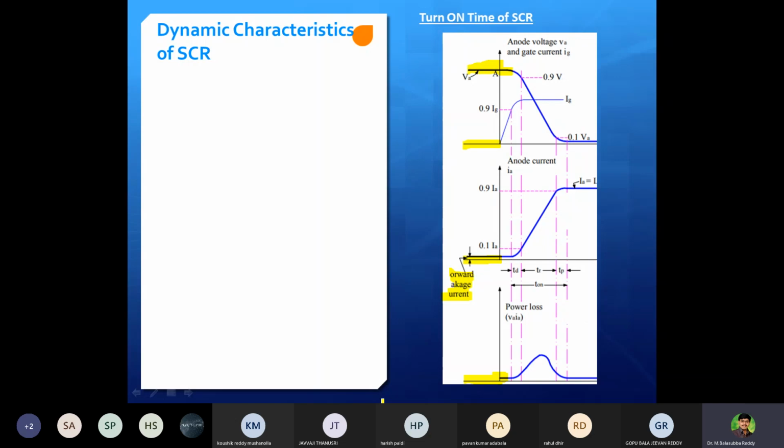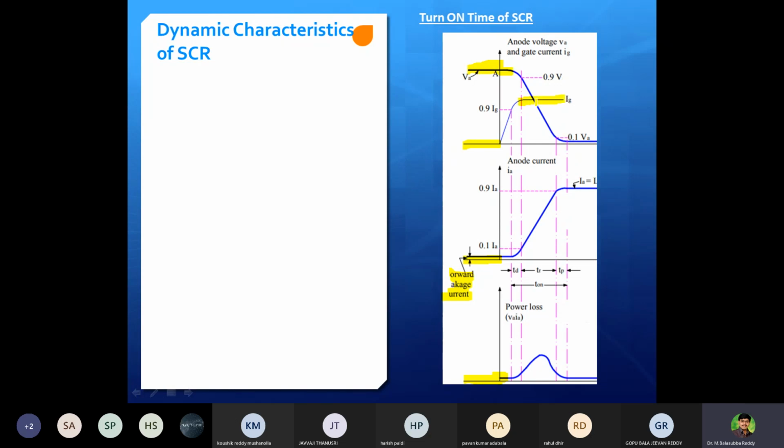Now what I want to do is turn on the device from off state to on state, and in between some process is there. Let's assume that the device is completely on. Then what is the meaning? Device is completely on in the sense we are giving a gate signal.